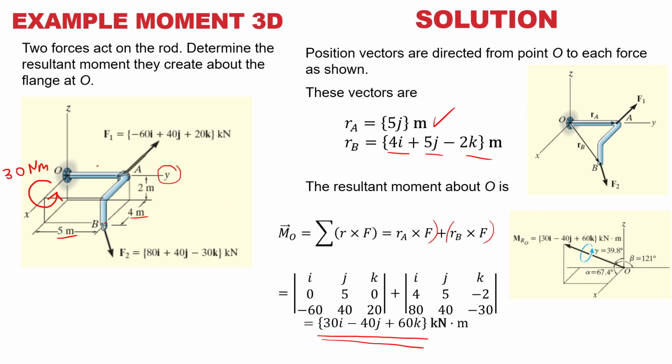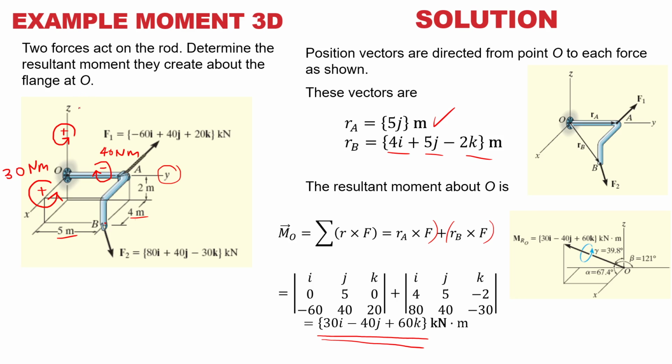Negative, so it will be clockwise like that. This one is 40 Newton meter. And then 60k is like that. Positive, so it's rotating like that.